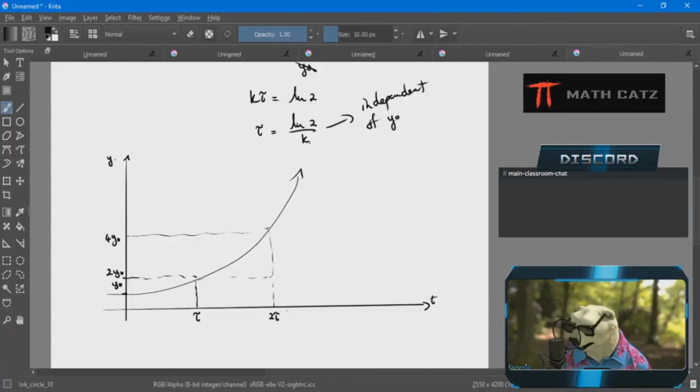It's going to take the exact length of time, which I can't see here, to double what it was. Every time period of tau, tau, tau, tau, the population doubles every time, and it grows faster and faster and faster. Now, this doubling time concept becomes a little bit more important when I talk about radioactive decay, which we will do tomorrow.